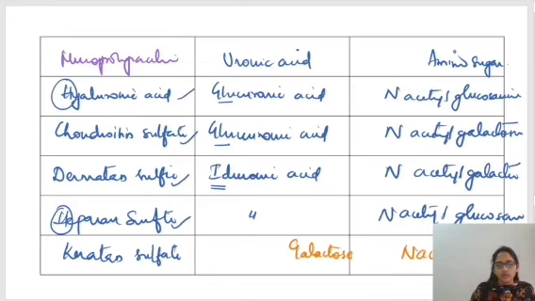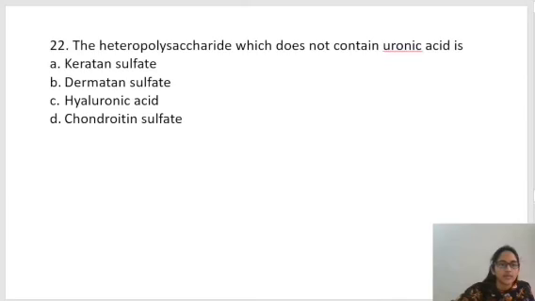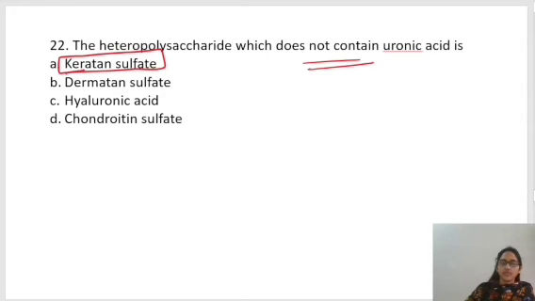So keratin sulfate does not have uronic acid in it. Understood? So in this question, what is the answer? Which does not contain uronic acid is keratin sulfate. Please don't forget, which does not contain uronic acid is keratin sulfate.